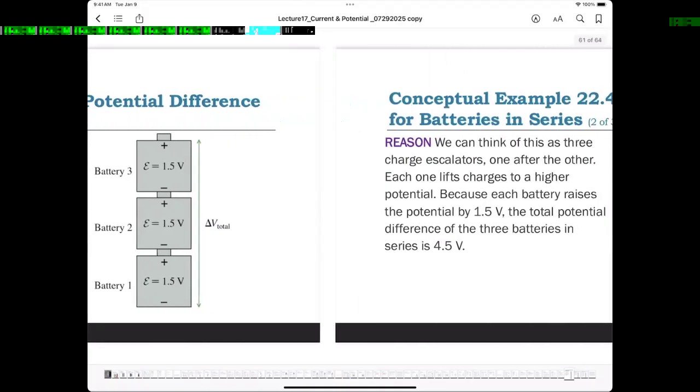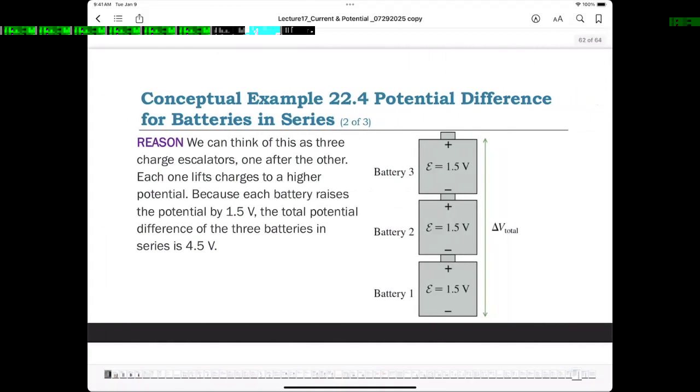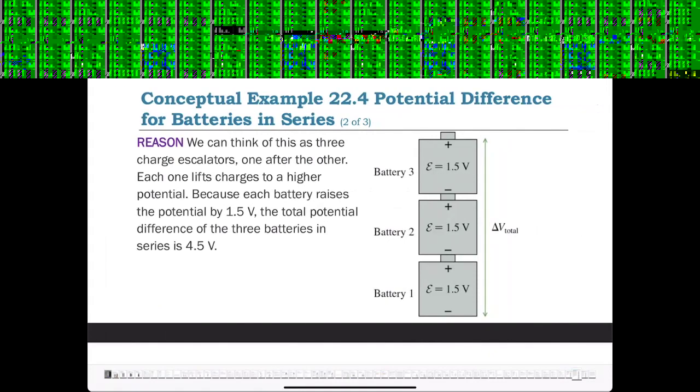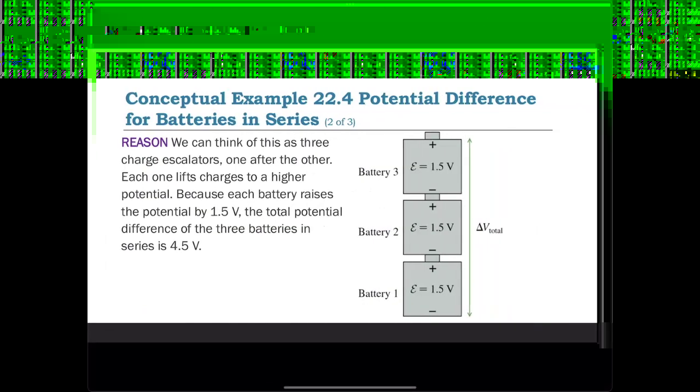This one is not a difficult one. We can think of this as three charge escalators, one after the other. Each one lifts charges to a higher potential, because each battery raises the potential by 1.5 volts, since those three batteries have the same EMF.